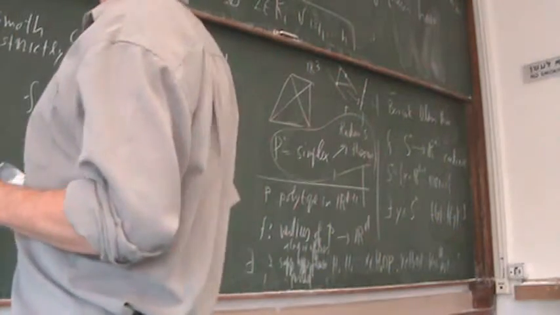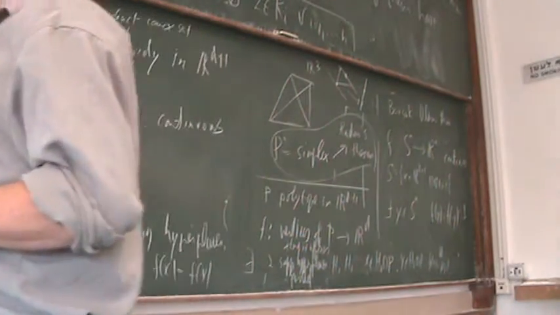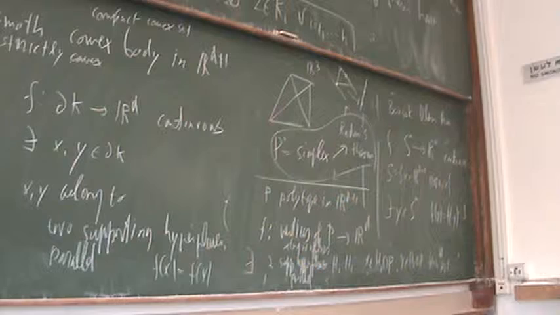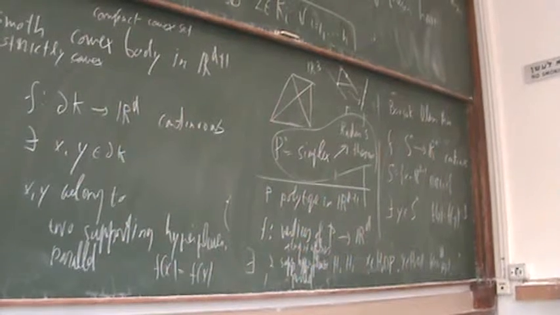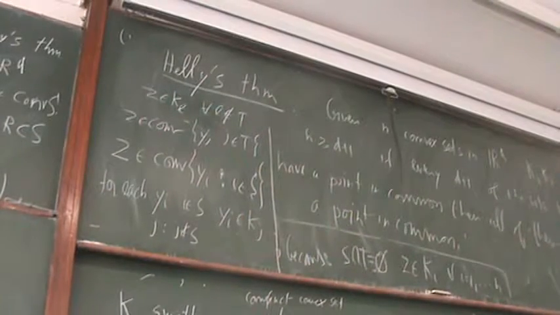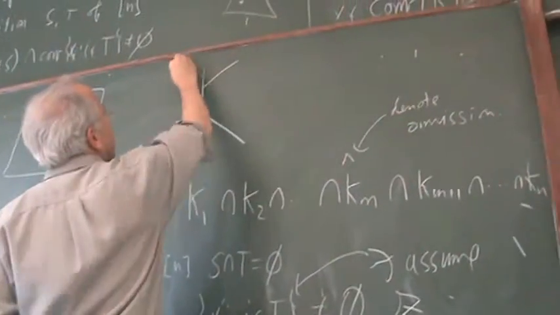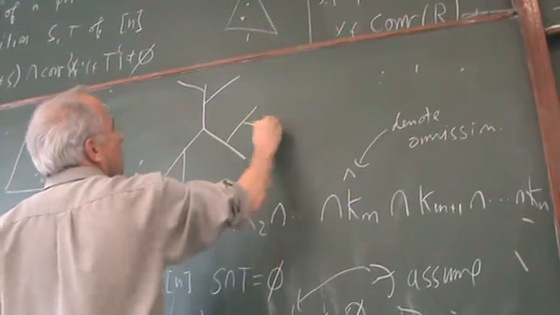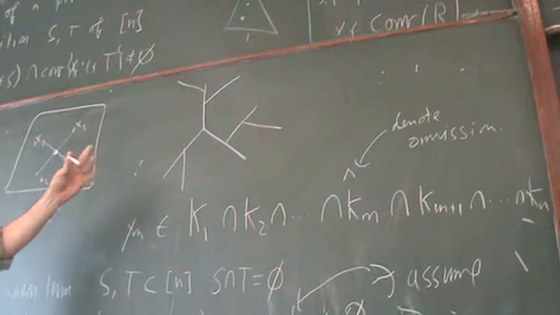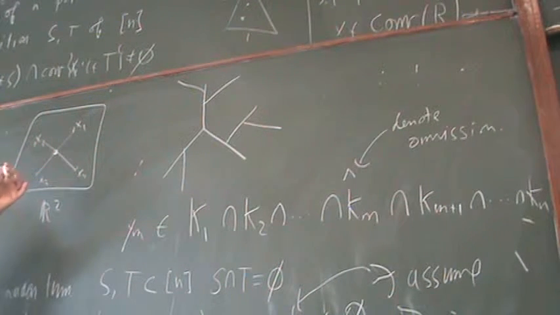What about Helly's theorem? Perhaps one more word about Radon theorem to see that there is some subtlety here. Suppose we ask about Radon theorem on a tree. When we think about this as a topological space, a tree is a one-dimensional contractible space.